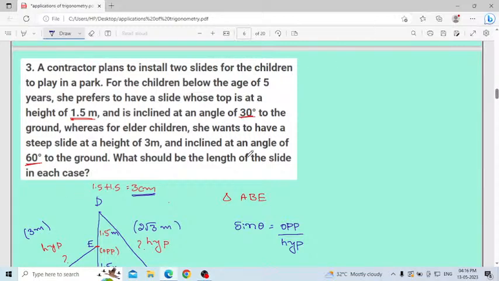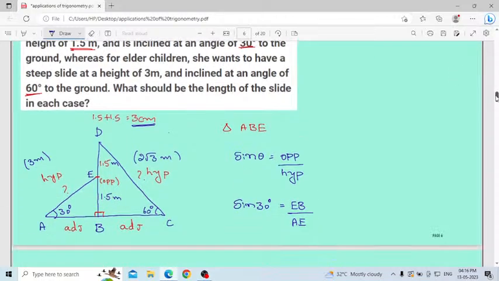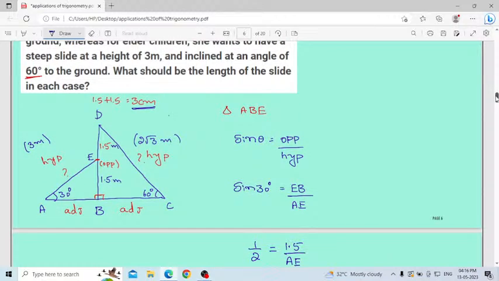A contractor started building two slides. One is the smaller one, another one is the bigger one. The smaller one is making an angle of 30 degree, the bigger one is making an angle of 60 degree, they are given. Then height of the smaller slide is given 1.5.